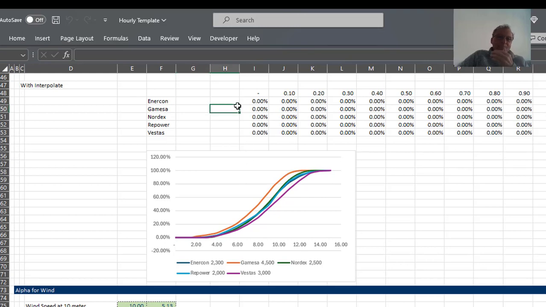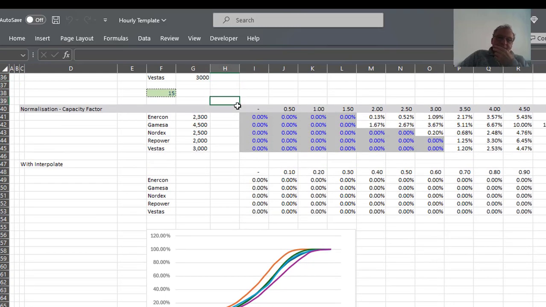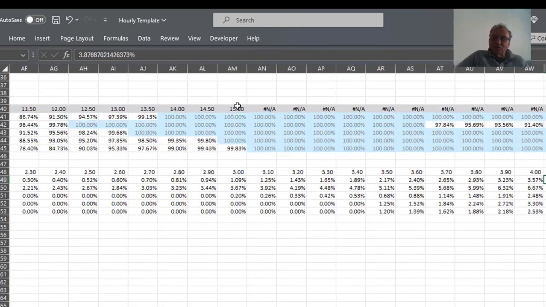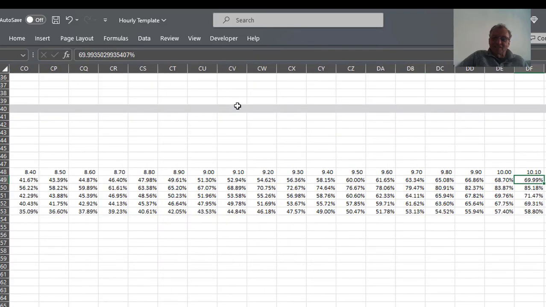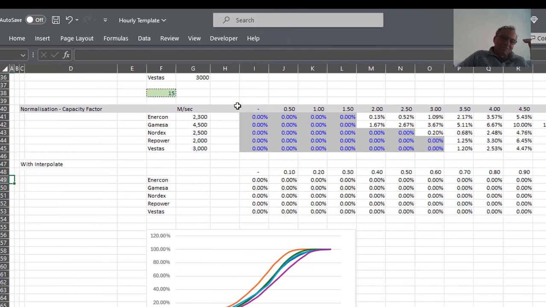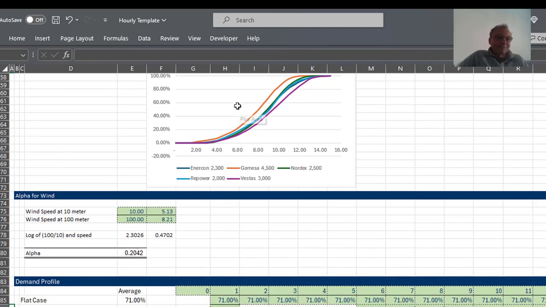I expressed the power curves for different wind speeds, in meters per second, and then I put much more fine steps. I used a little interpolation so we don't have this problem where you're suddenly going from one to another.